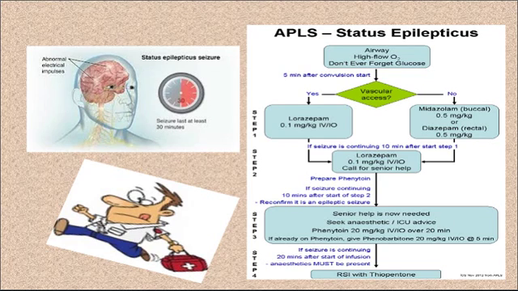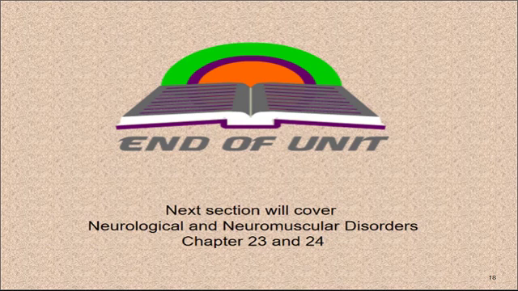So I put this in there to help you understand where these guidelines from the textbook came from, even though this is pediatric. The doses may be different in an adult, but it is the same steps exactly as laid out in your textbook. And that actually is the end of this unit, and the first 3 chapters are covered.